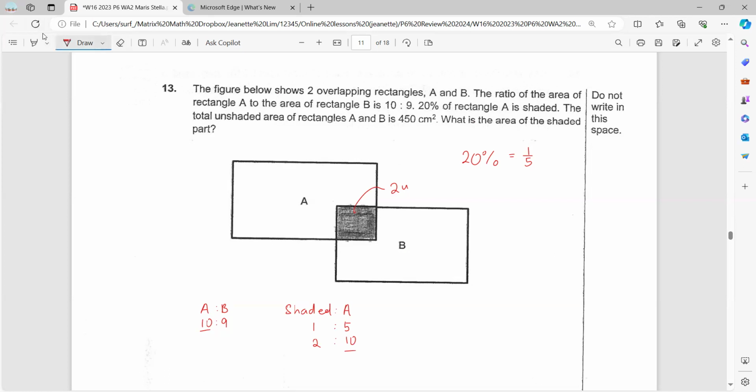The unshaded of A, please do not label 10 units here because 10 is actually the whole of A. When we label, we're going to label each part. So 10 minus 2.